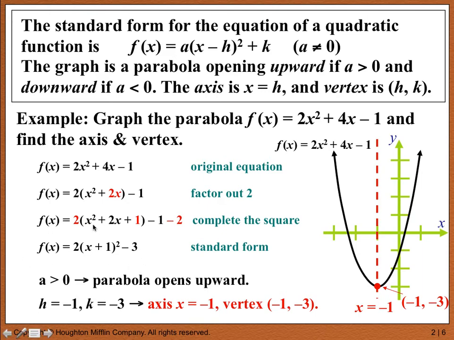This is in standard form. So (x minus h) in parentheses is the same as x minus -1. Therefore, our h is -1. The plus k here is -3, so k is -3. And therefore, the coordinates of the vertex are (-1, -3). And the axis, or the vertical line which bisects the parabola, is the vertical line x equals -1.